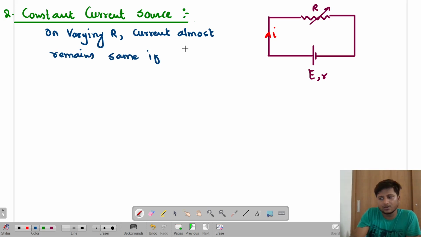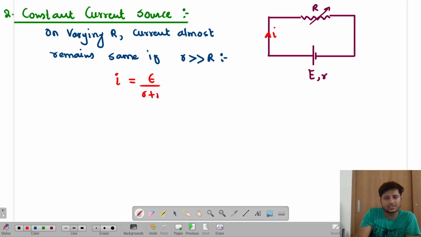if the internal resistor is more than the varying resistor. What is the condition? The internal resistor is more than my varying resistance. Are you able to get me or not? So this current is given as I equals EMF E by R plus capital R only.